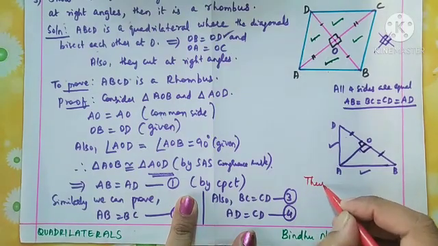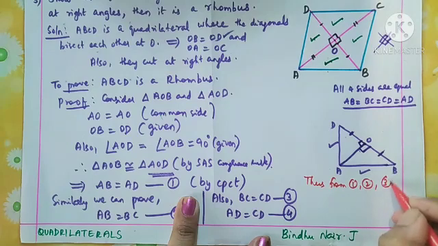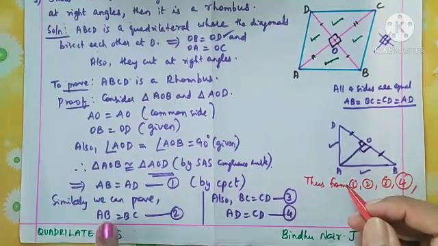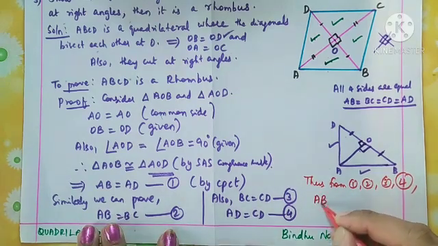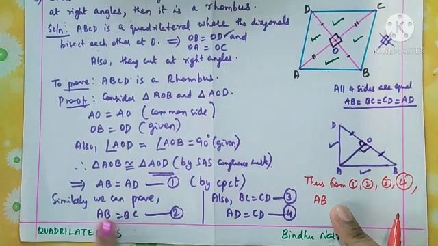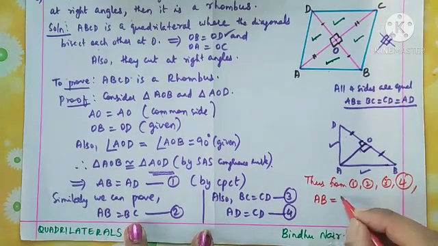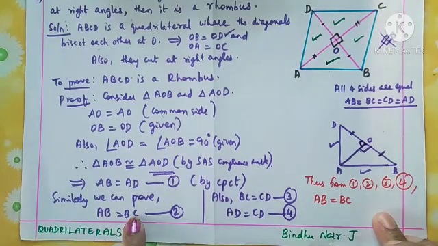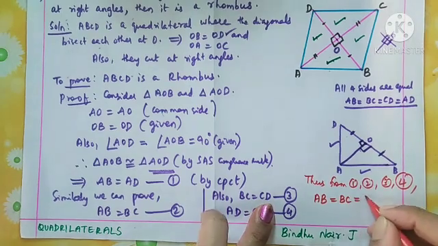Thus from 1, 2, 3, 4. What you are getting children? First you take this side AB. AB is equal to what? BC. AB equal to BC from this equation. Now BC is equal to what from 3? BC is equal to CD.